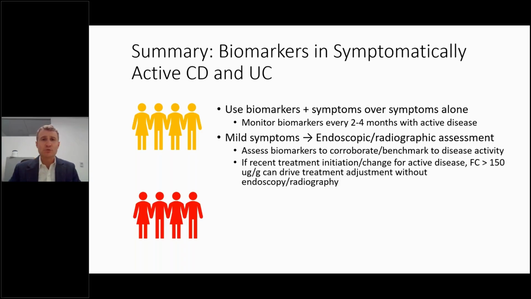For individuals who still have mild symptoms despite a recent treatment initiation or change, and they have an elevated fecal calprotectin, again, that can drive treatment adjustment without necessarily confirming that endoscopically or radiographically.